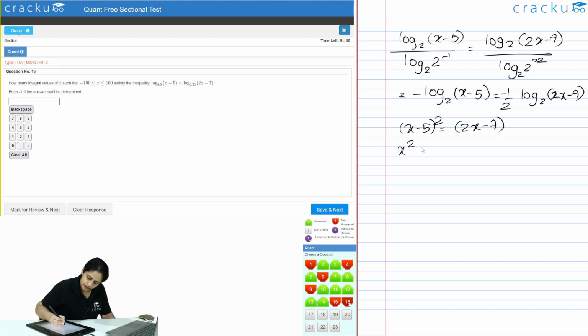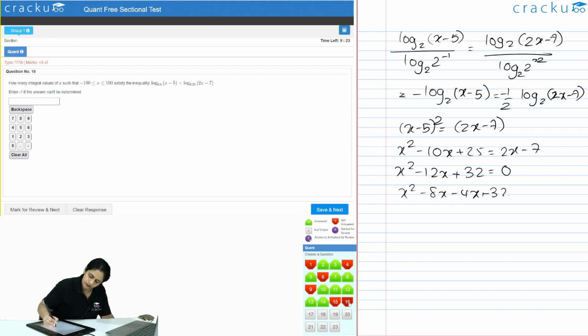So x square minus 10x plus 25 equal to 2x minus 7. x square minus 12x plus 32 is equal to 0. 8 into 4. So x square minus 8x minus 4x plus 32, so x is equal to 4 or x is equal to 8, right? So these are both positive values. But x cannot be 4 because you have x minus 5 over there. So x has to be 8.